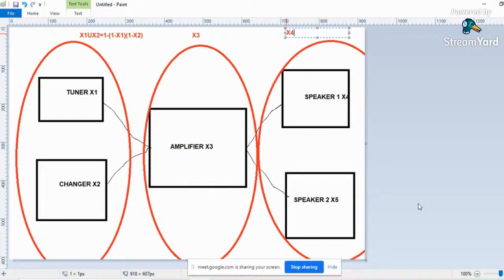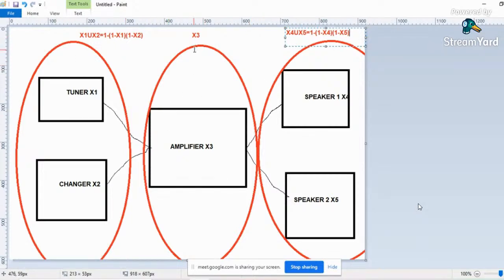That is the structure function of the second module. And the third module: x4 union x5, that is nothing but 1 minus (1 minus x4) into (1 minus x5). Okay. At the same time, these modules are connected in series.